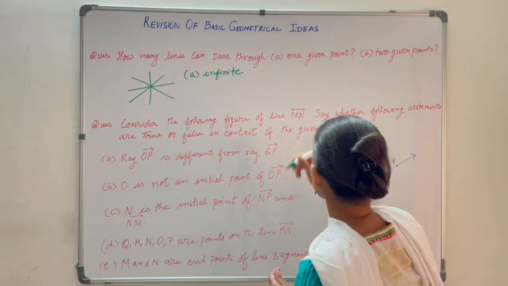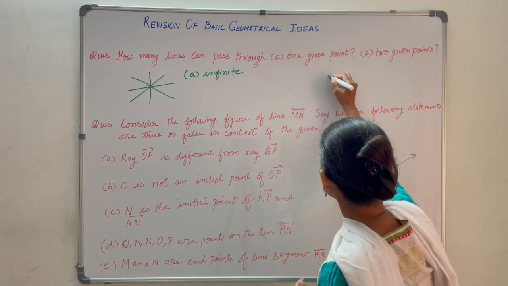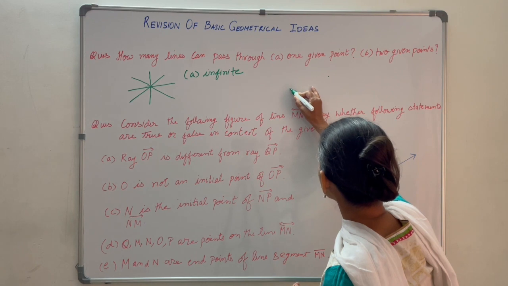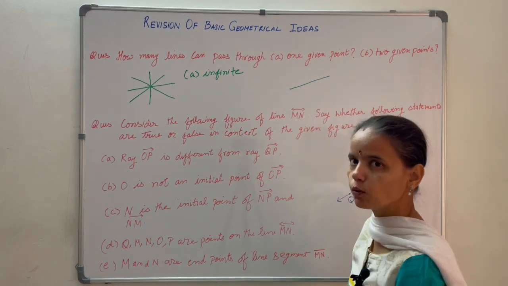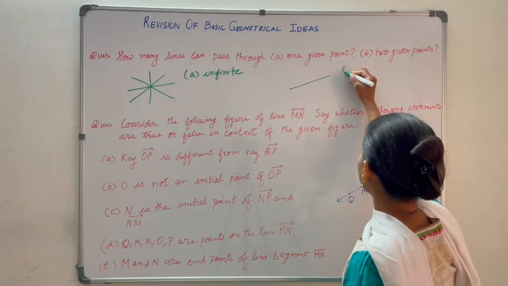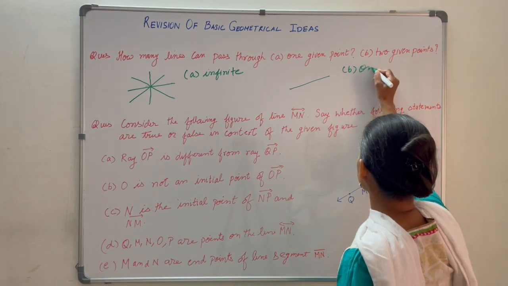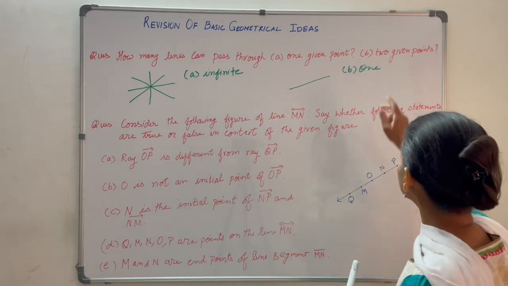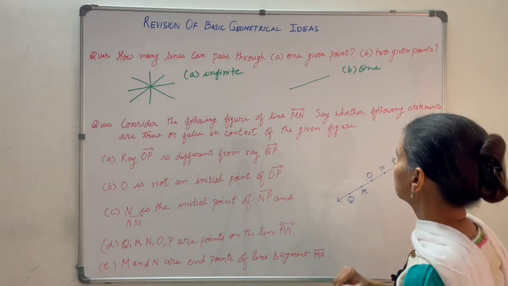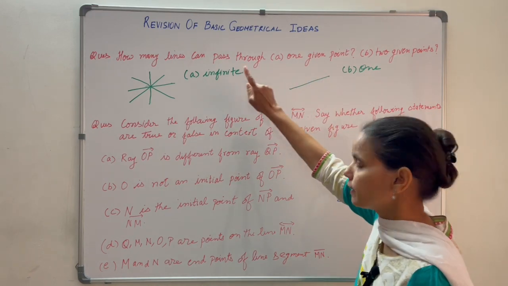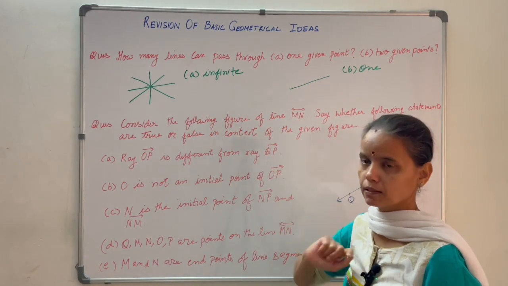Now two given points. How many lines can you make through two given points? Only one line. So one line can pass through two given points, and through one given point, infinite lines will pass.